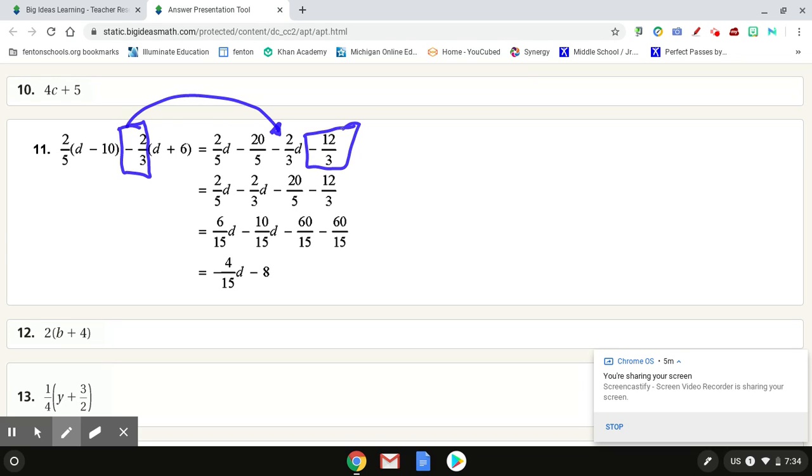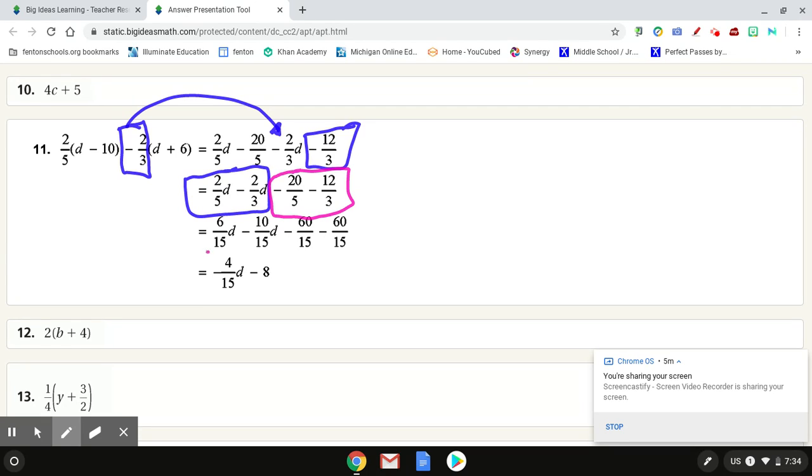So when you get to this step here, you have to get common denominators. Same thing with these like terms here. You need to get common denominators. And then your final answer.